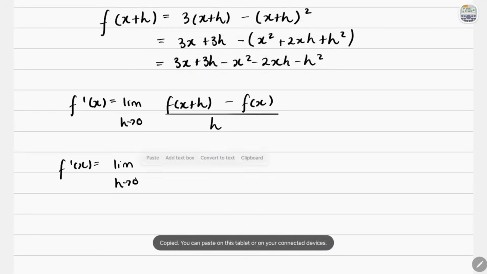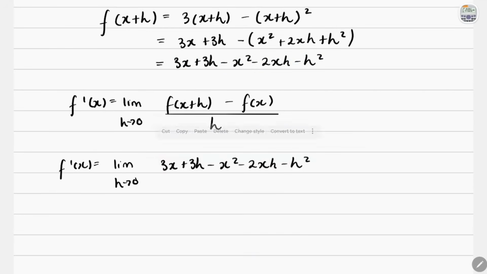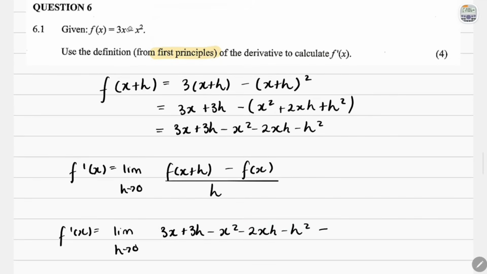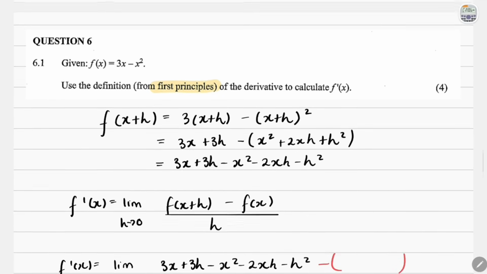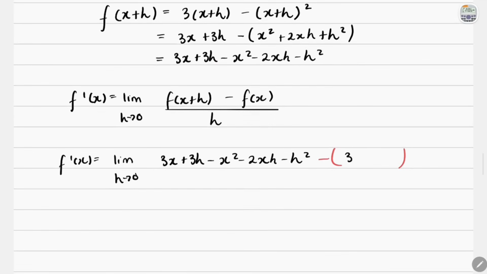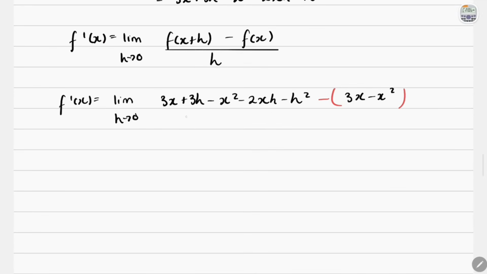So I'm just going to copy and paste that, all of that, and then minus f of x. So you're subtracting f of x, but f of x has 2 terms, so remember to protect it with brackets. So you're subtracting 3x minus x squared, and then this still goes all over h.